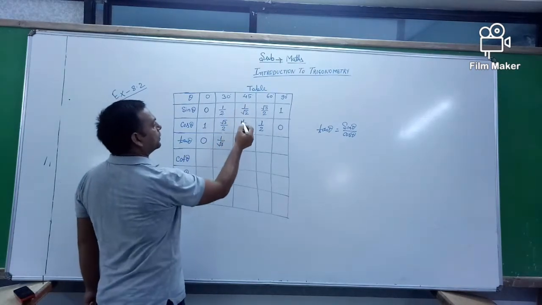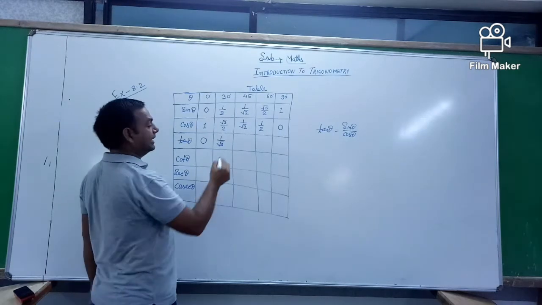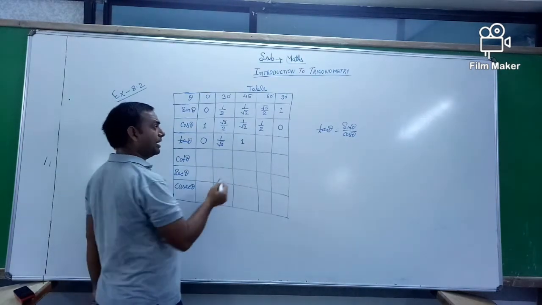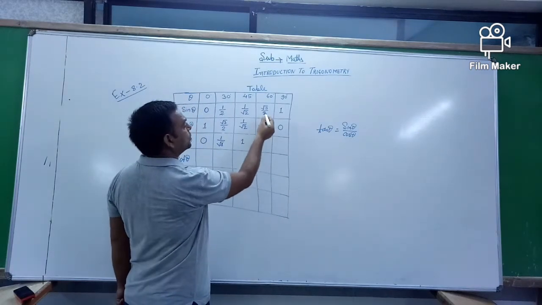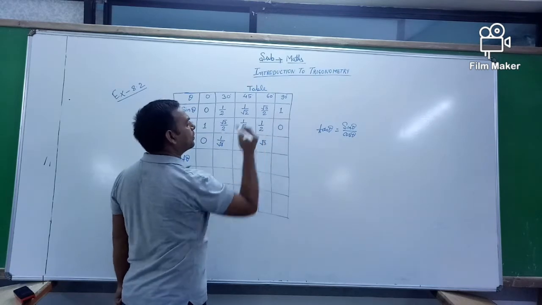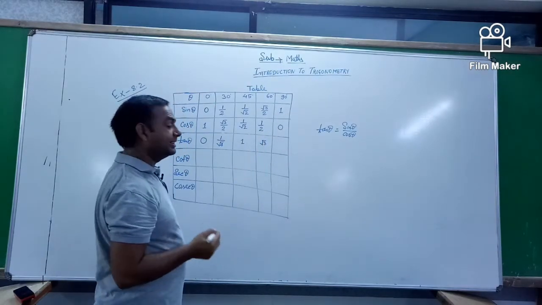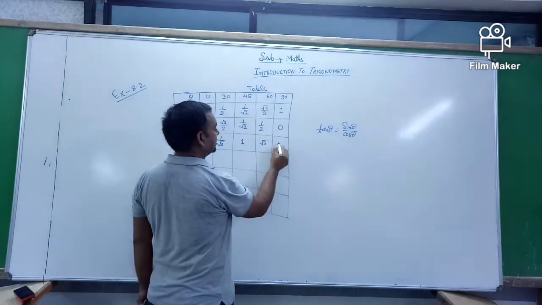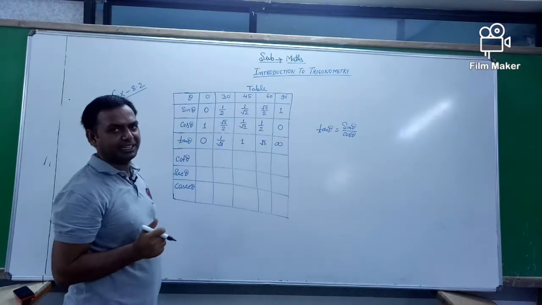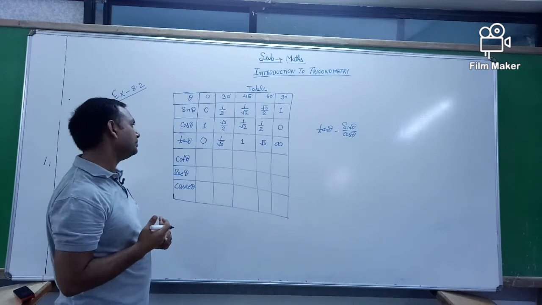Then 1 by root 2 upon 1 by root 2 is equal to 1. Then root 3 by 2 upon 1 by 2, the 2s cancel, that is root 3. And 1 upon 0 is equal to infinity. This is the sign of infinity, it means infinite.